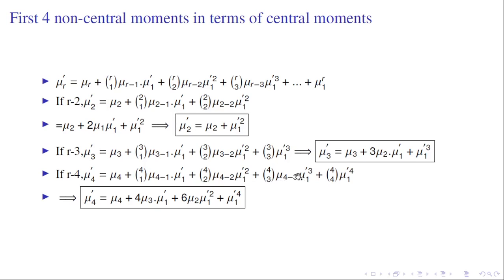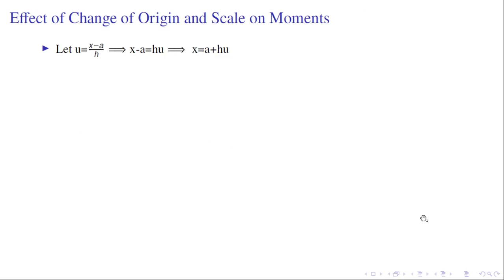So μ4' = μ4 + 4 μ3 μ1' + 6 μ2 μ1'^2 + μ1'^4. So these are the expressions of non-central moments in terms of central moments. Let us look at the effect of change of origin and scale on moments.